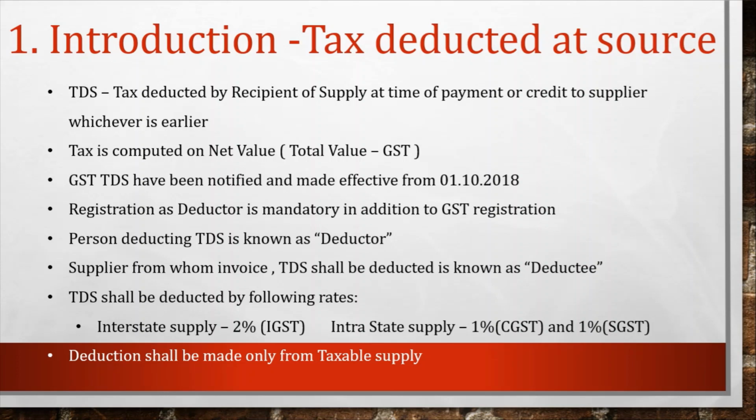Last thing I would like to discuss is that TDS shall be deducted only from taxable supplies. It means if a person makes taxable supplies as well as exempted supplies, we have to deduct TDS only on the taxable supply. That's it. So this is our topic number 1.